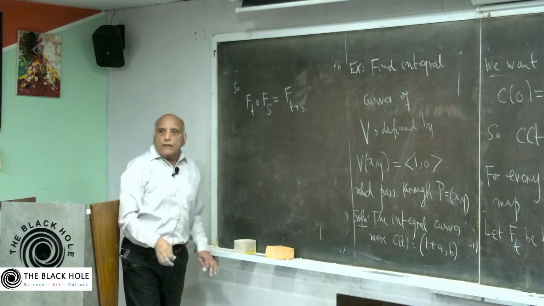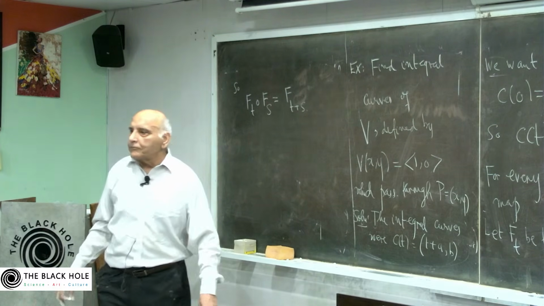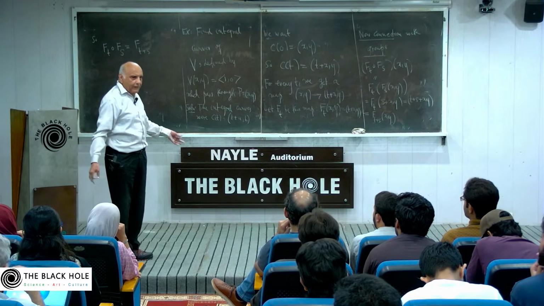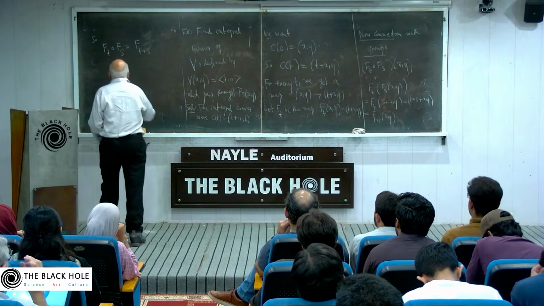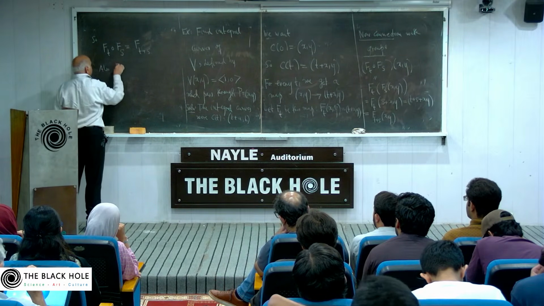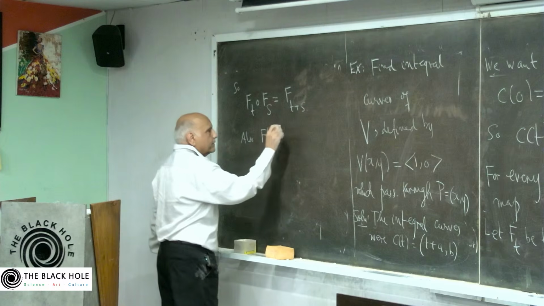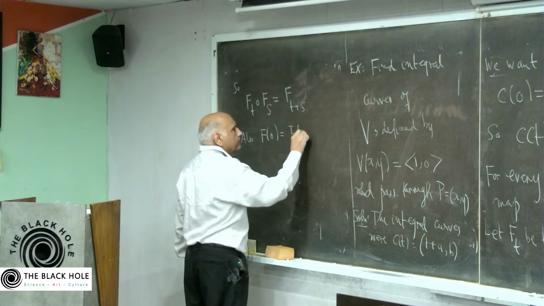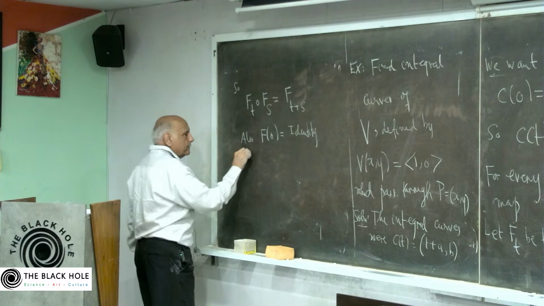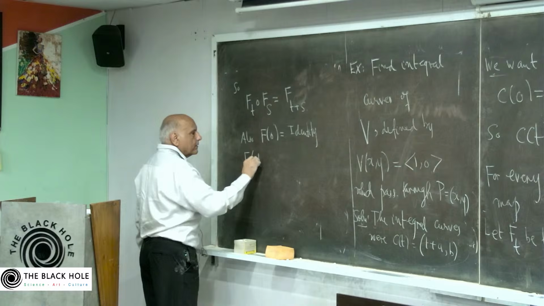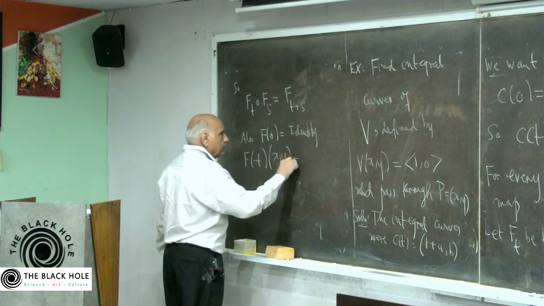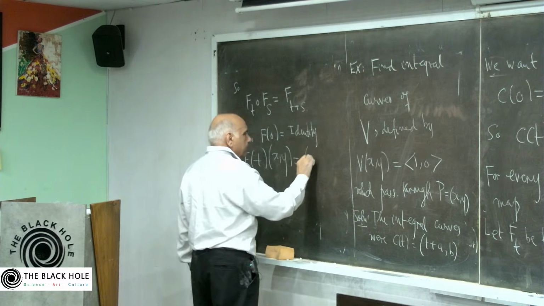And what is F of 0? F of 0 is the identity. And what is F of minus t? F of minus t of xy is equal to x minus t.